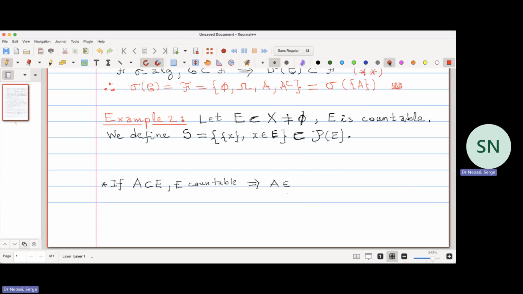What we are asked to do is to determine the sigma algebra generated by S. So in other words, we want to find sigma(S). This is what we are trying to determine.